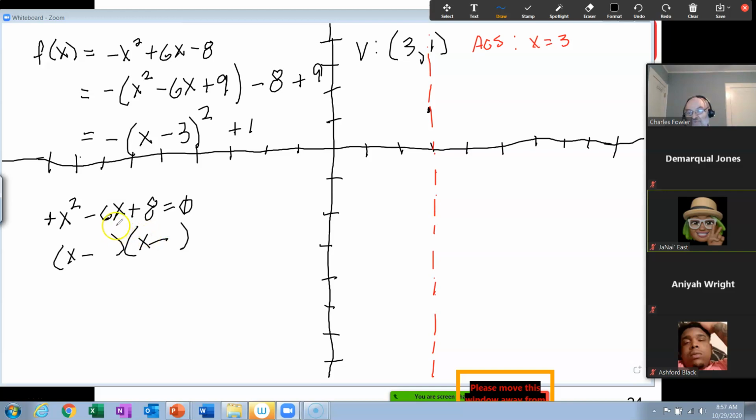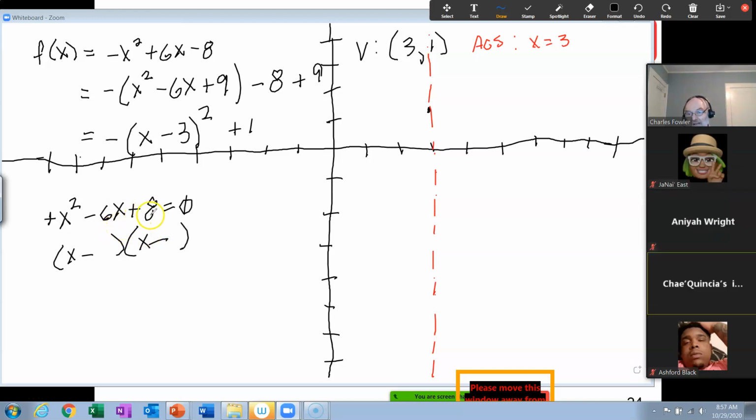Now what we want is two numbers that multiply to be 8, add to be 6. I think that would probably be 4 and 2, right? Let's try it. x times x is x squared. That checks out. Minus 2x minus 4x, that's minus 6x, plus 8. That's equal to 0.